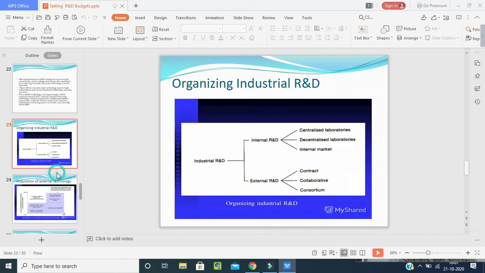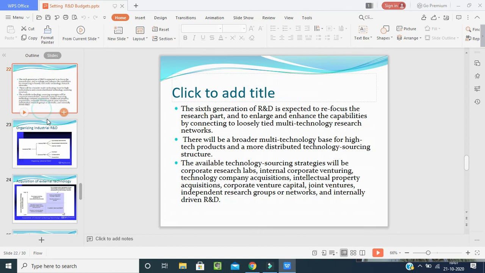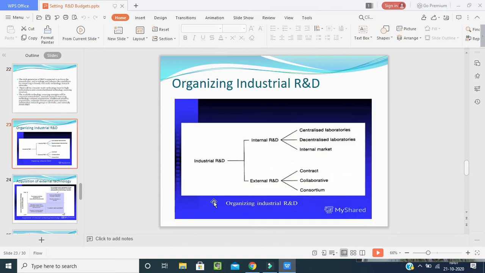So now coming to the next thing, that is how the organization's industrial R&D is divided. Industrial R&D is divided into two parts: one is internal, another is external. Coming to internal R&D, we have centralized laboratories, decentralized laboratories, and the internal market.